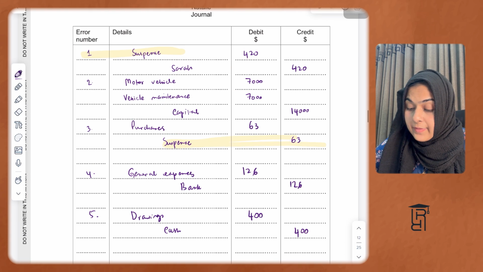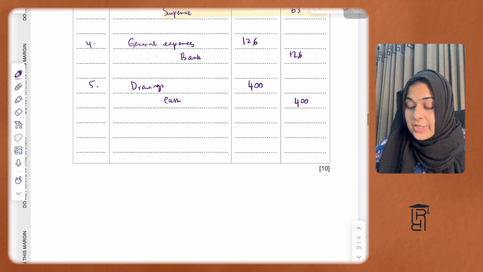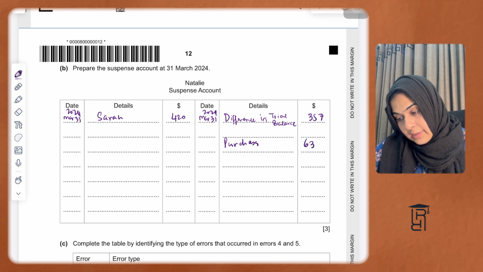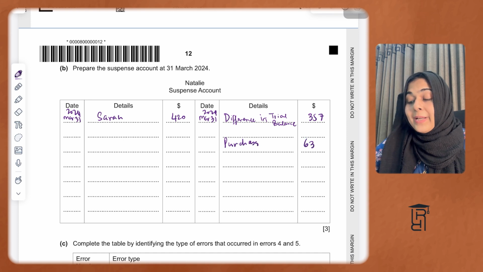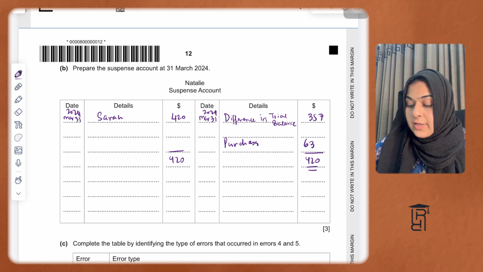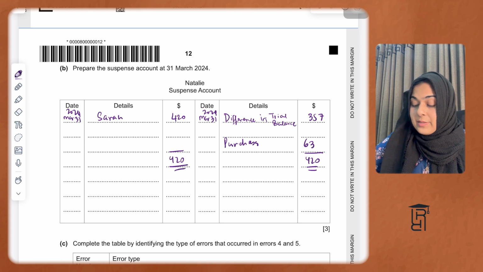And in the third entry, I am debiting purchases and crediting suspense. So I will write here purchases, and I will write here 63. Now my account will balance, of course. 357 plus 63 is 420, so I will total this to 420 on both sides. So this was quite simple. This was for 3 marks.